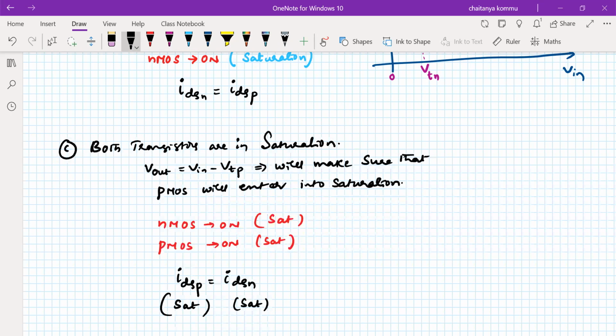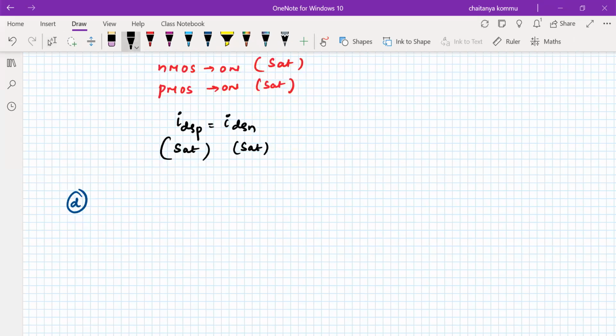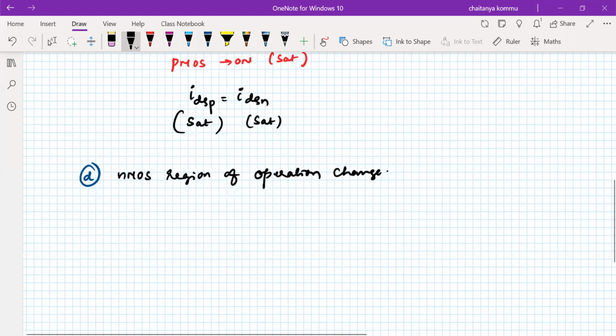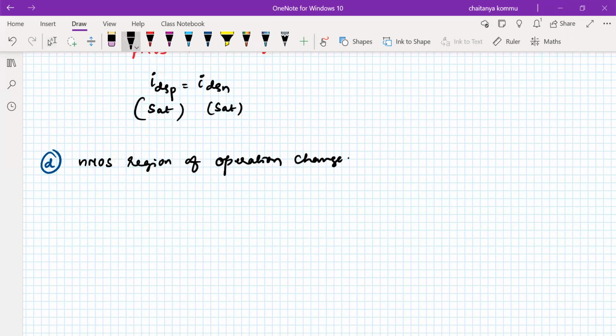Now the third kind we want to consider is where the NMOS region of operation changes. When it changes its operation, we have to calculate the VDS value and the VGS value of this transistor. The edge of saturation is more than sufficient to find this out.